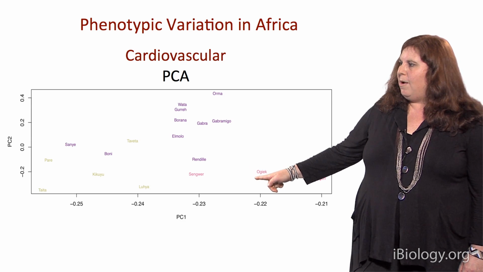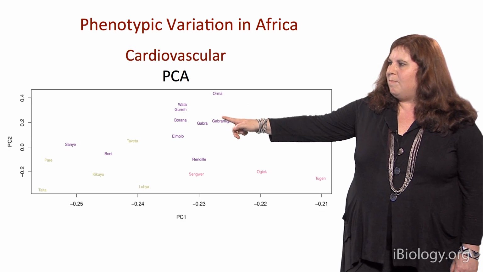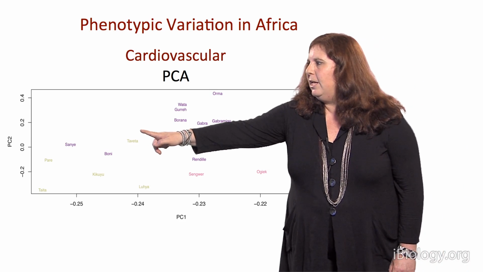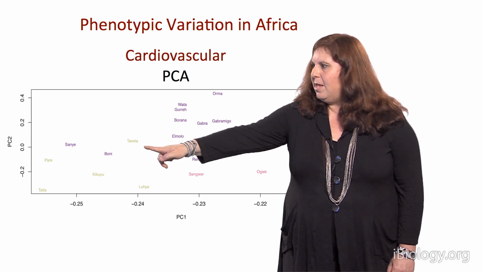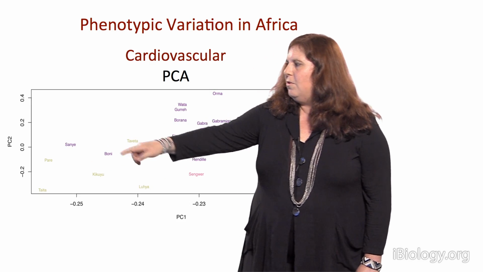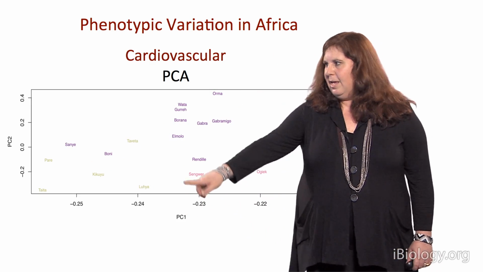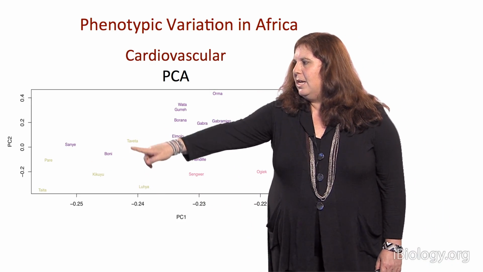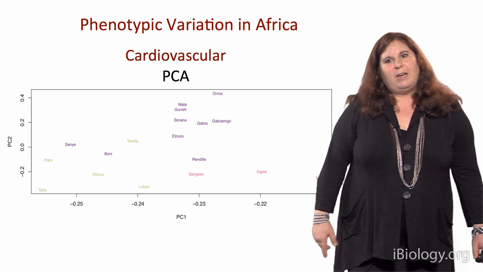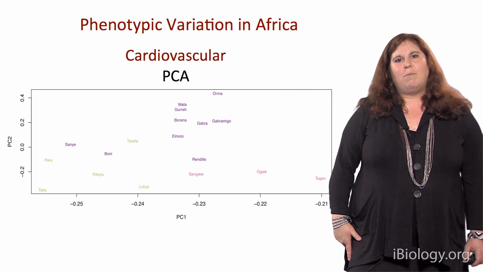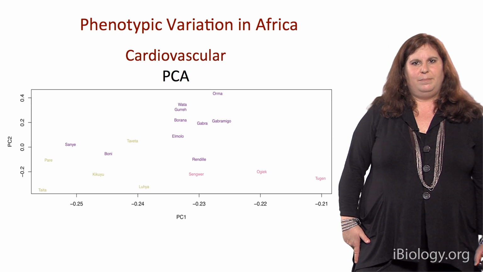So here are the Nilo-Saharan speakers, here are the Afro-Asiatic speakers, and in yellow, here are the Niger-Kordofanian speakers, but we see two exceptions. These are two groups that live on the coast of Kenya in geographic proximity to the Bantu-speaking groups, suggesting that not only are genetic factors important, but environmental factors are probably quite important as well.